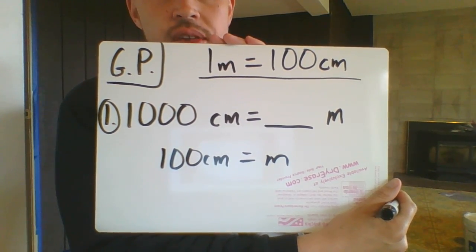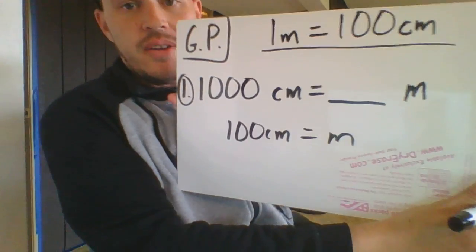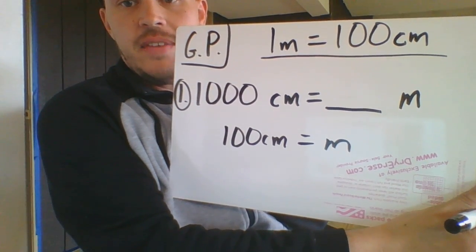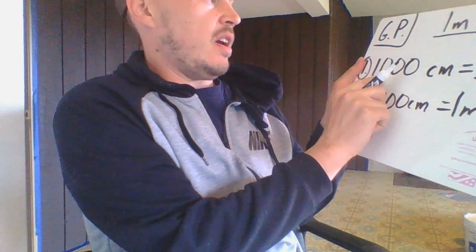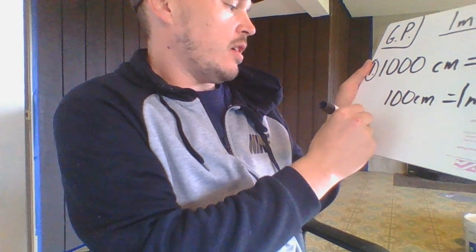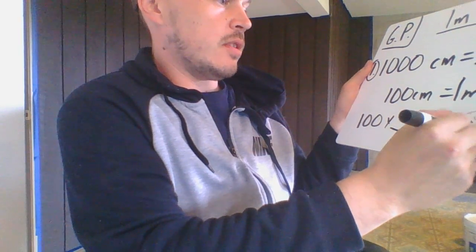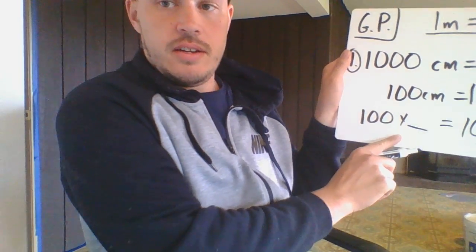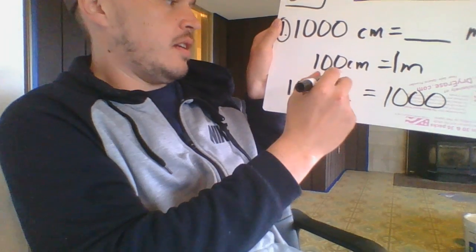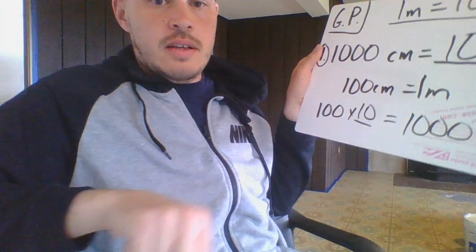So we're going to know 1,000 centimeters equals how many meters? So to do the math, you're going to think, how many times do I need to add 100 to make 1,000? So if you do 100 times what equals 1,000, you're going to think for a minute and be like, hey, 100 times 10 equals 1,000, so that's going to be 10 meters.